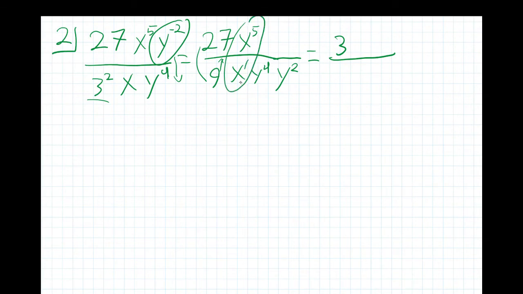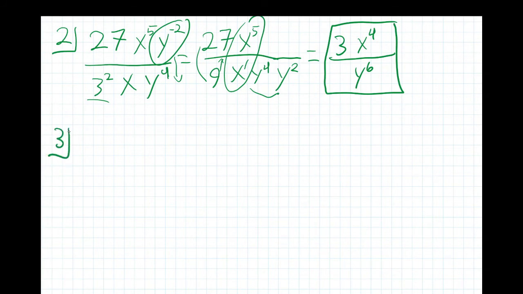Having an x there, it means it's x to the first, so we do 5 minus 1. That becomes x to the fourth in our numerator. And then last but not least, y to the fourth times y to the second in the bottom becomes y to the sixth because we add the exponents when we multiply like bases. So we get 3x to the fourth all over y to the sixth.